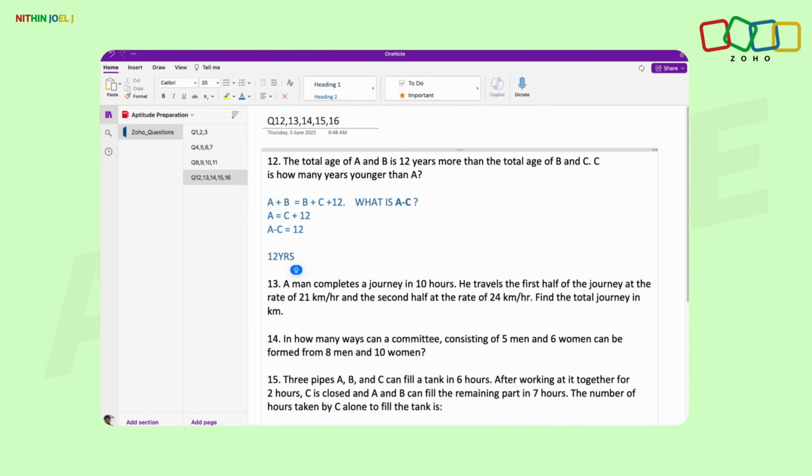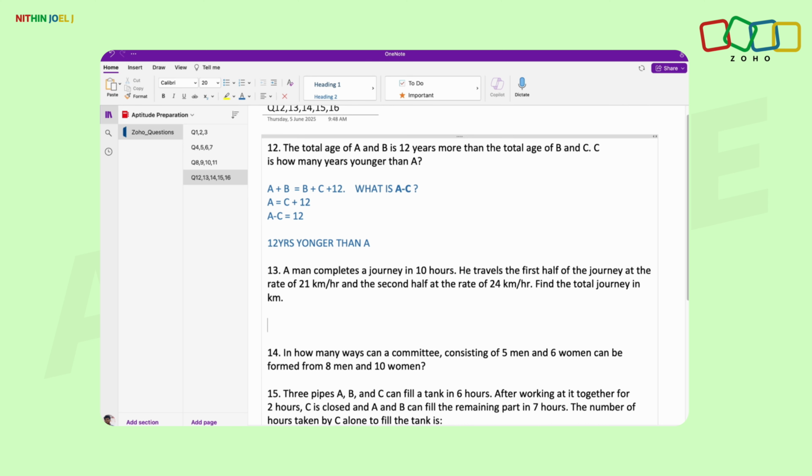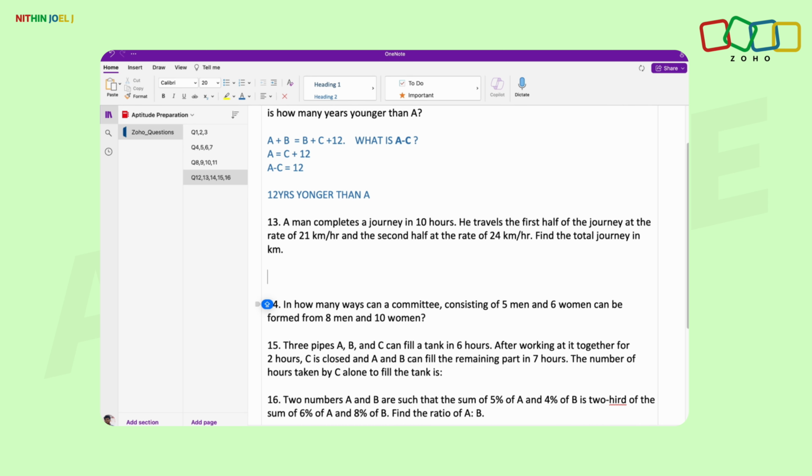For the 12th question over here. So in the 13th question, they have mentioned a man completes a journey in 10 hours. He travels the first half of the journey at the rate of 21 km per hour and the second half at the rate of 24 km per hour. Find the total journey in kilometers.